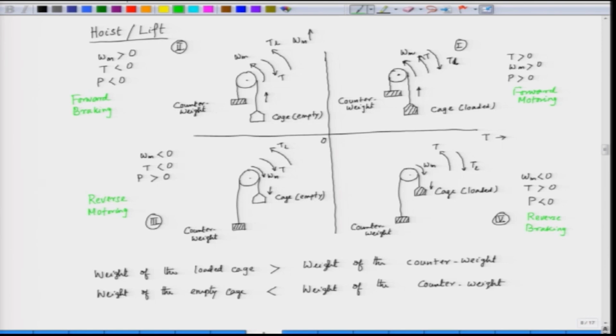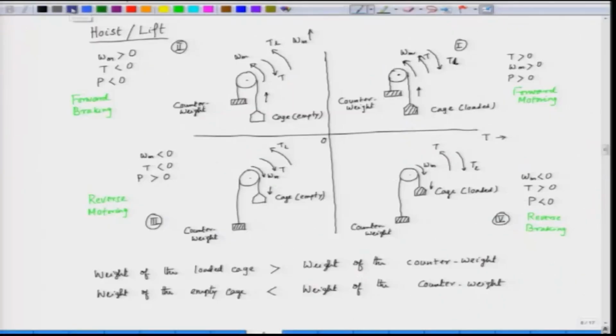So, these are the 4 different quadrants, and when a drive is capable of operating in all 4 quadrants, quadrant 1, quadrant 2, quadrant 3 and quadrant 4, we call that drive a 4 quadrant drive, and we call this operation a 4 quadrant operation.